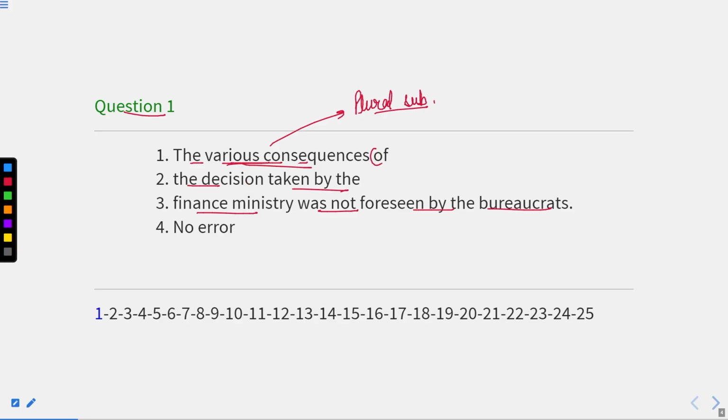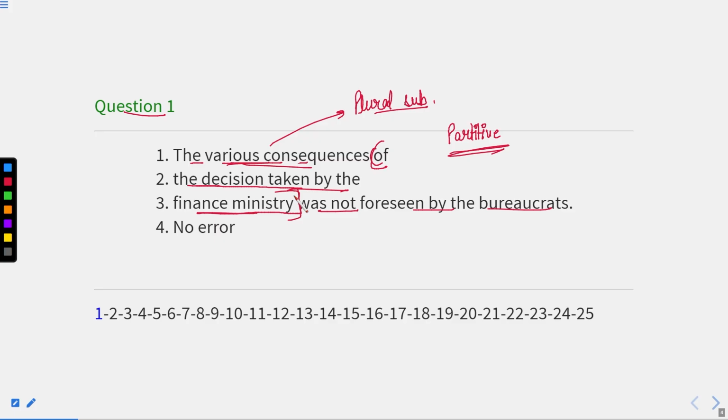Now this part, taken by the finance ministry, is actually some additional information or the partitive of the sentence. So you can say that this makes the partitive as well as attribute of the sentence. From "of" till "ministry" is the additional information.